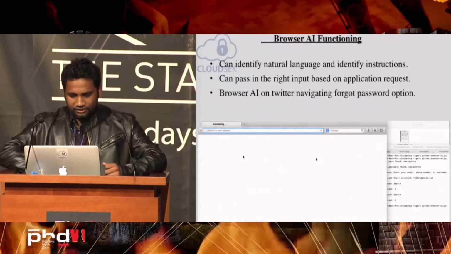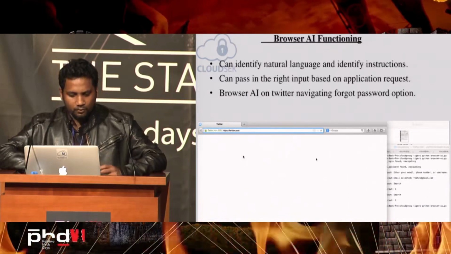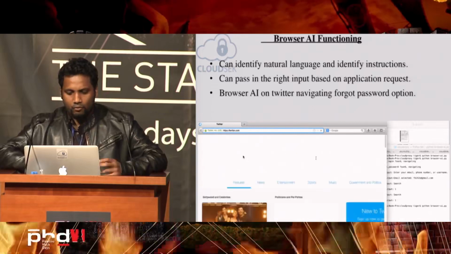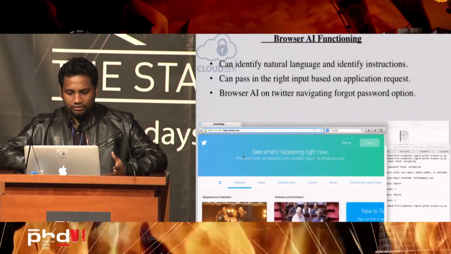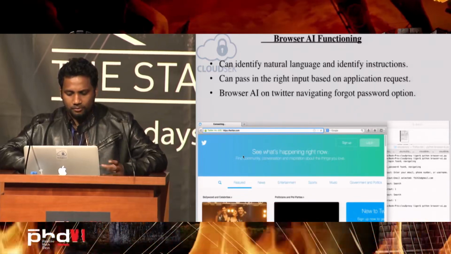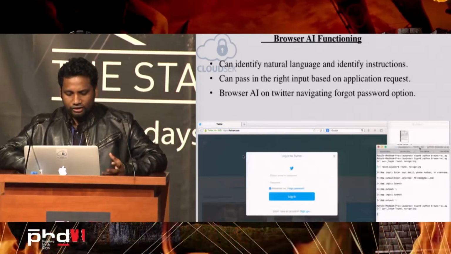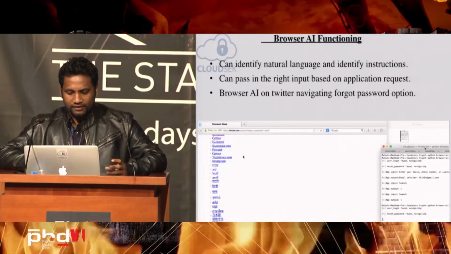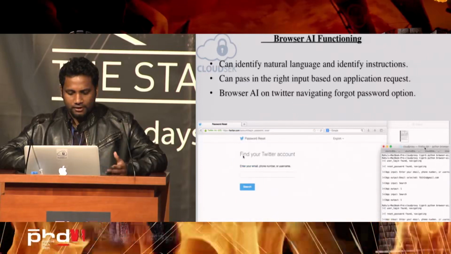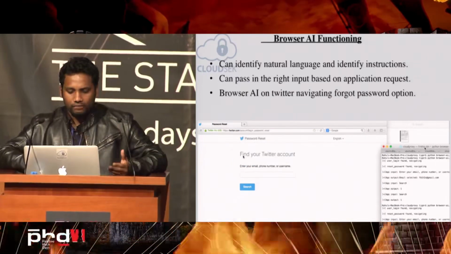In this demo, I will have a live demo as well. What we are trying to understand is you have the Twitter page. The tool actually is built on top of a browser. It actually navigates to the login page first. Then it's trying to trigger the forgot password option.